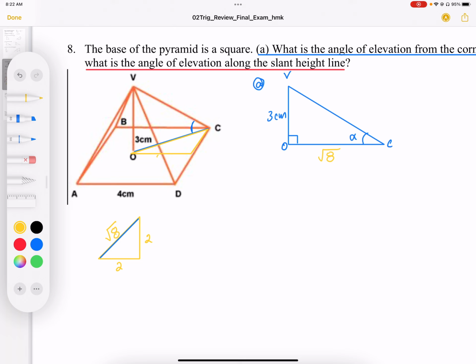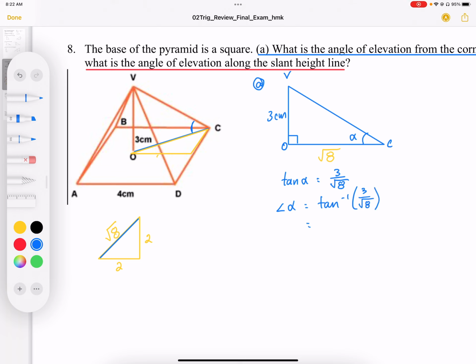Now we have two sides in the blue triangle to be able to solve for angle alpha. So I'm just going to write here, the ratio we're going to use is tan. So tan alpha is going to be equal to 3 over the square root of 8. Or in other words, angle alpha is equal to the inverse tan of 3 over square root 8.